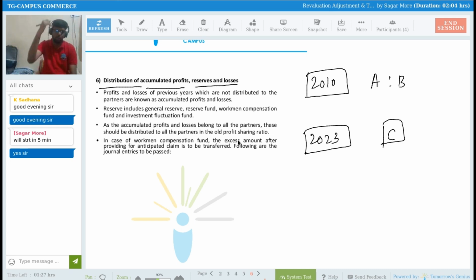From 2010 up to 2023, whatever business we have done is only because of the efforts put in by partner A and B, right? Because C is not in the picture so far. He came into the business in 2023. So I can say whatever profits are enjoyed or losses suffered by the business over the period of 2010 to 2023 always belong to partner A and B, right?